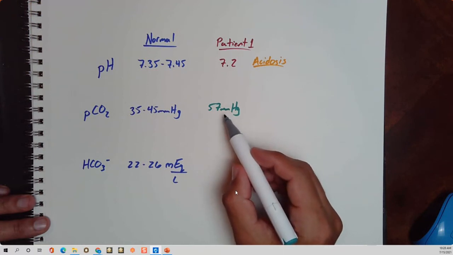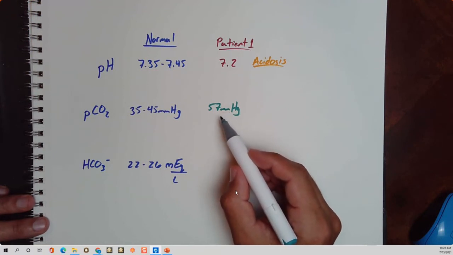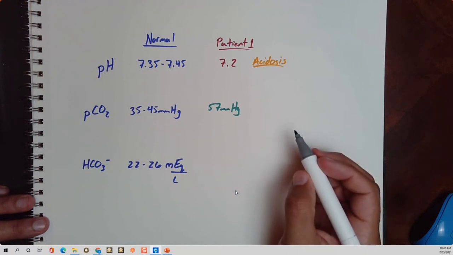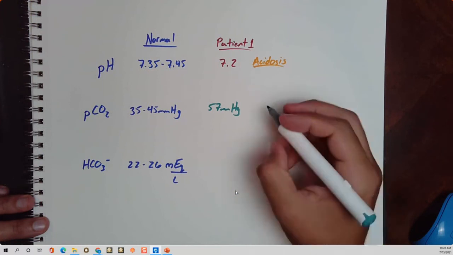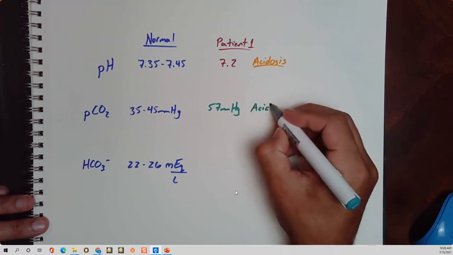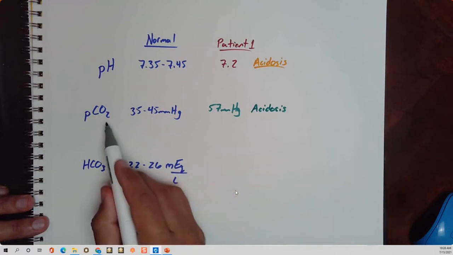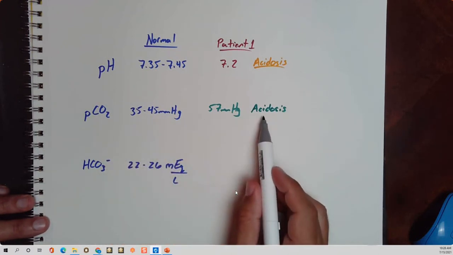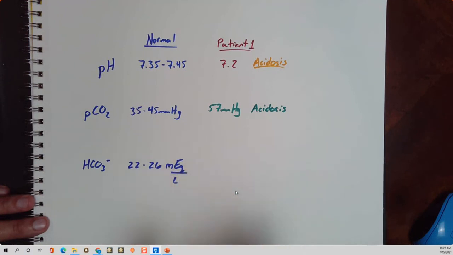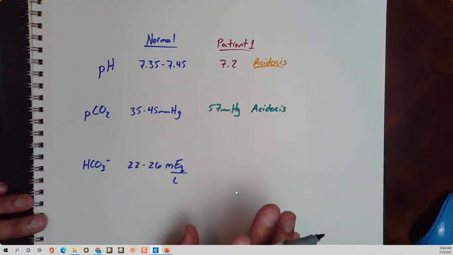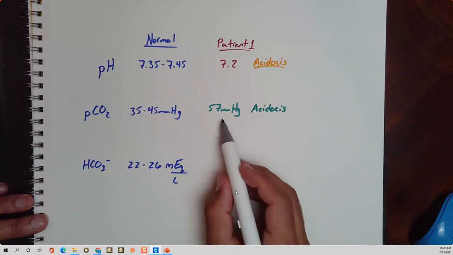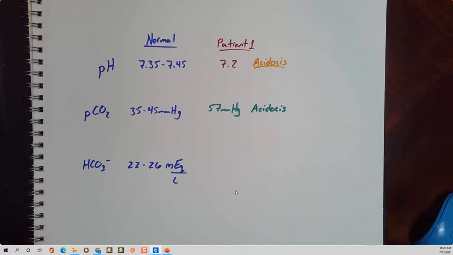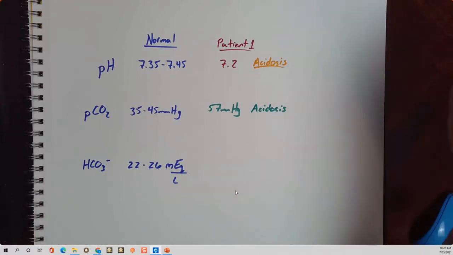So is this indicative of acidosis or alkalosis? Good. The partial pressure of carbon dioxide might be high in your patient, and if it is, we're thinking of acidosis. This isn't the end of the story yet. We're thinking of acidosis because that partial pressure of carbon dioxide is too high, so that patient is potentially making too many acids. You'll see what I mean in just a second.